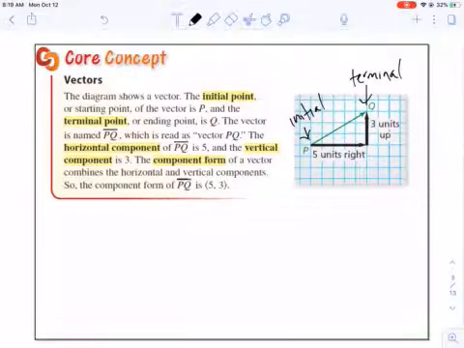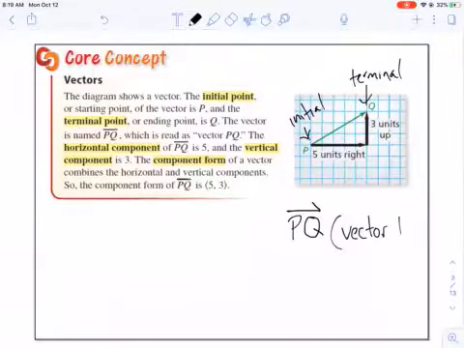To name a vector, you start at your initial point. That's your first letter. And then you go to the terminal point, your end point, and that's your second letter. The symbol we use is a line with a half arrow. You can also just name this vector PQ.